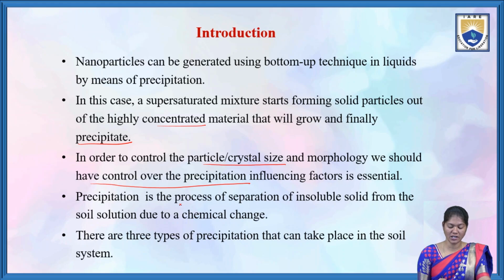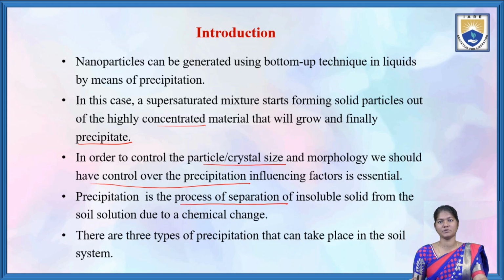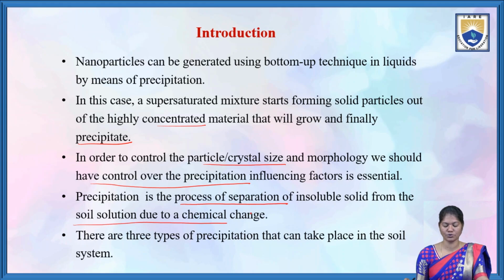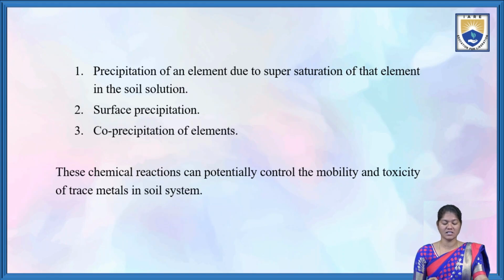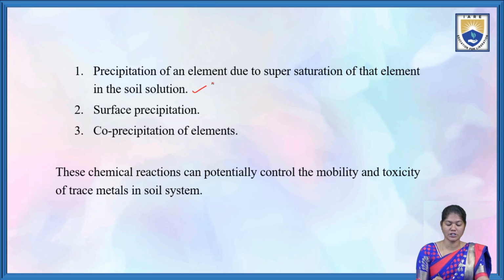Precipitation is the process of separation of an insoluble solid from the soil solution due to a chemical change. There are three types of precipitation that can take place in the soil system. One is precipitation of an element due to supersaturation of that element in the soil solution.